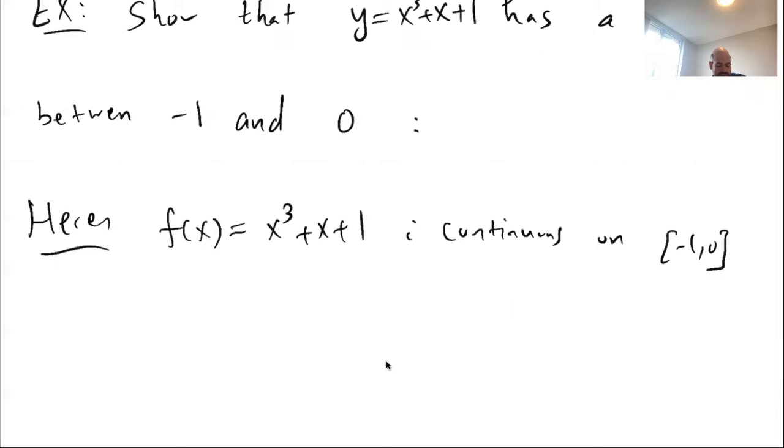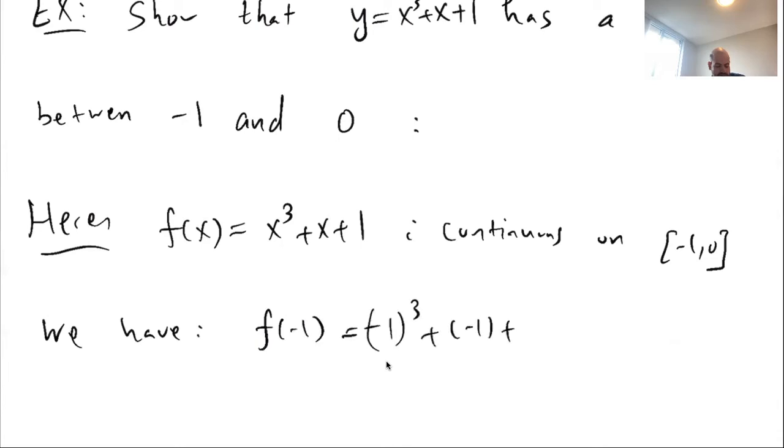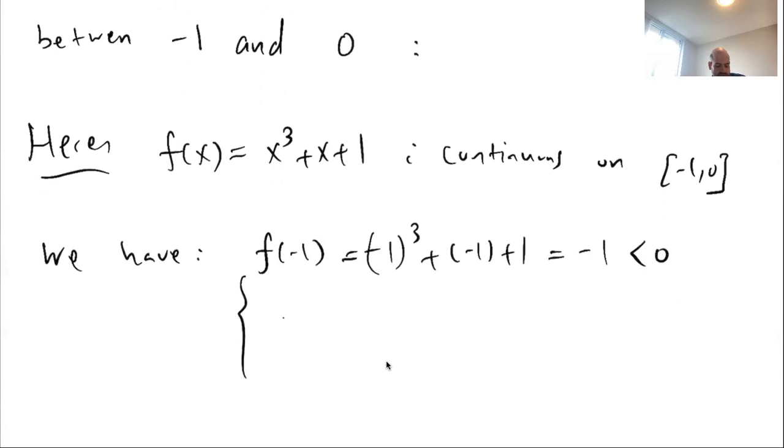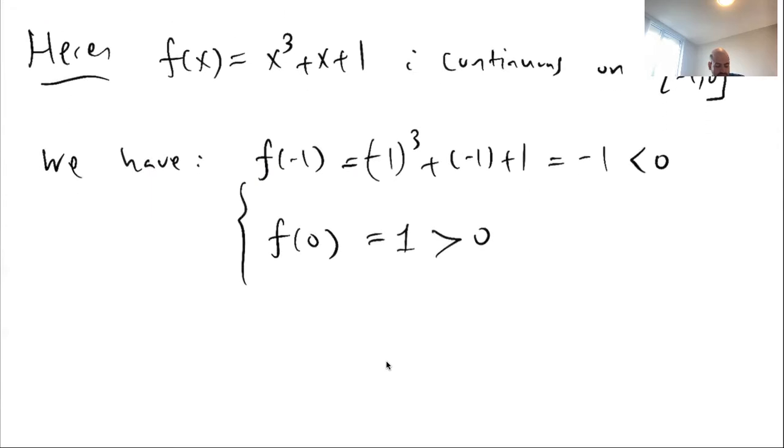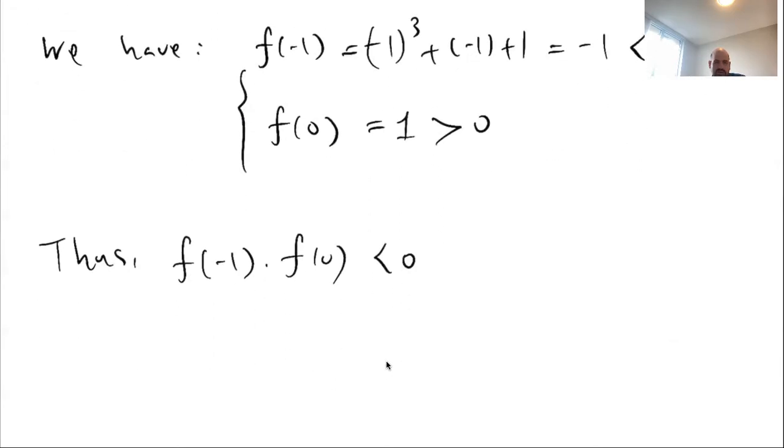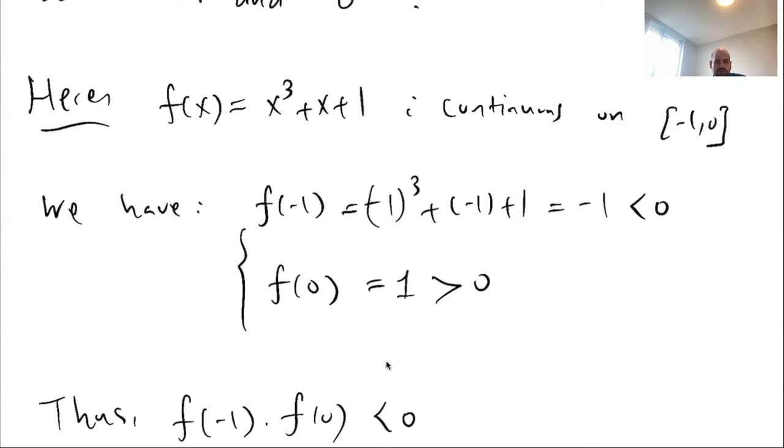Now, how much is f of minus 1? We have f of minus 1 equals minus 1 cubed plus minus 1 plus 1, which is minus 1, and this is negative. What about f of 0? f of 0 is 1, which is positive. So we can conclude that f of minus 1 times f of 0 is negative, right? So I have a continuous function, and f of minus 1 times f of 0 is negative.